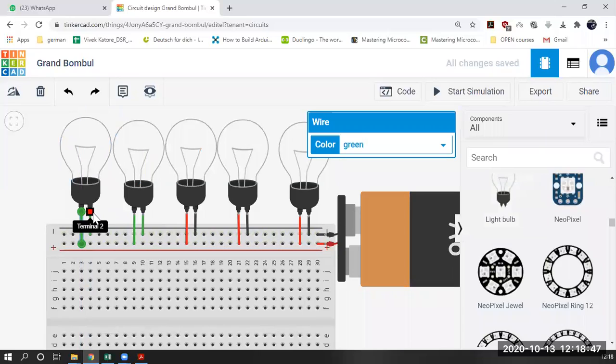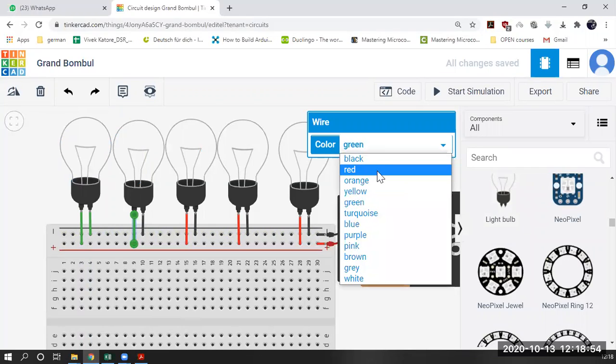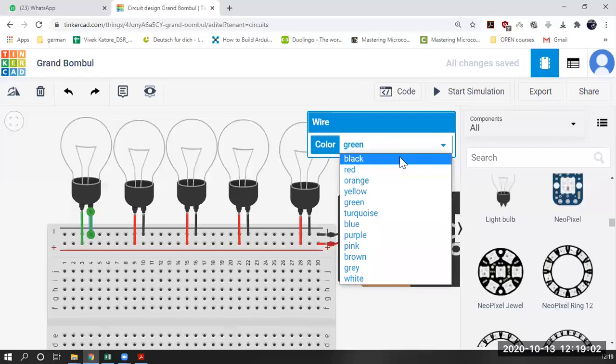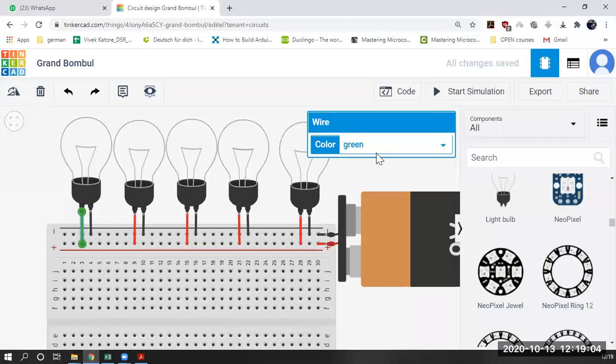In this way, if you connect the bulbs, you can understand what's going on. Nothing but the bulbs are connected. All these bulbs are connected to the battery, right? I hope you understood. So let me complete it and simulate it.